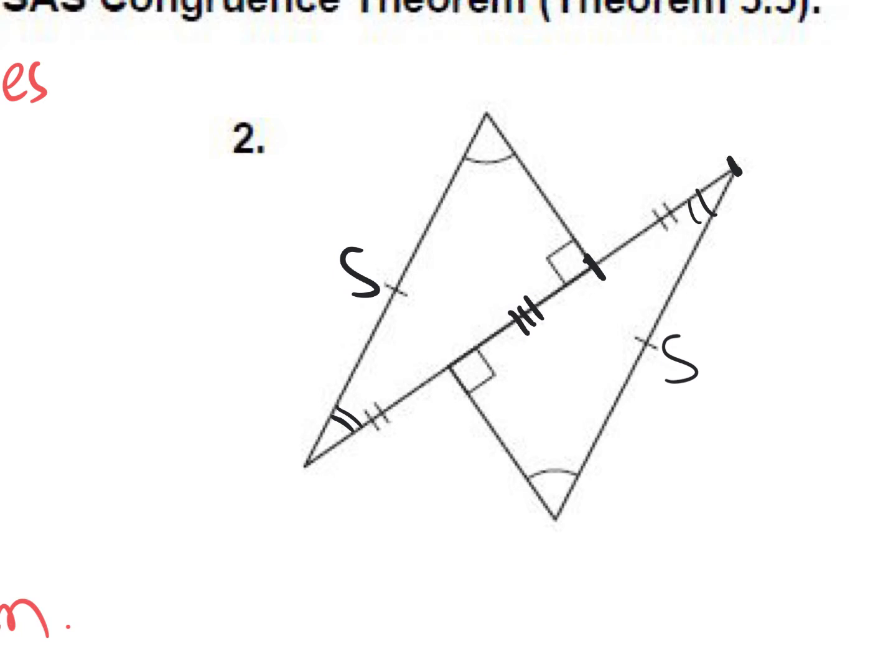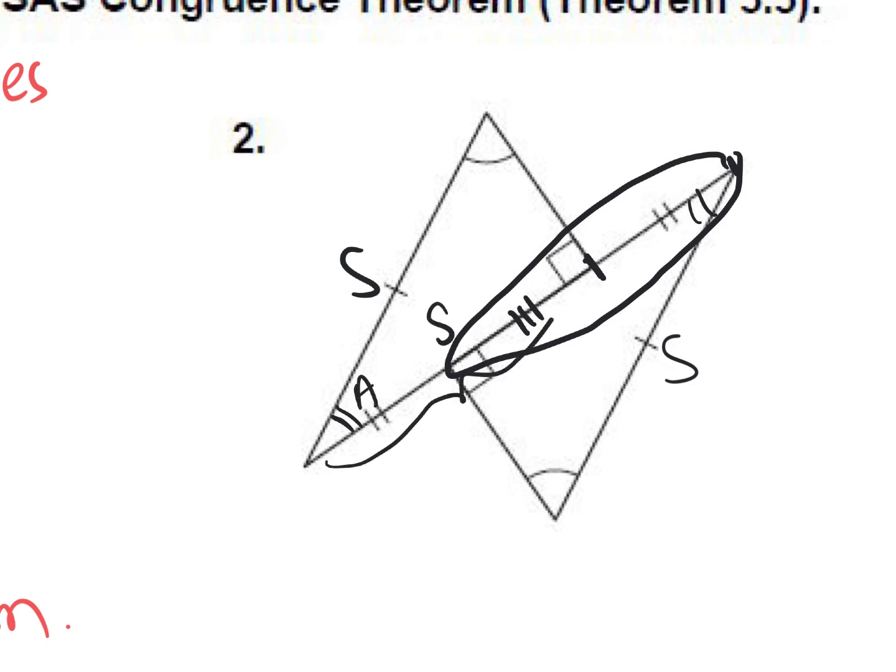So how would you describe the length from the 90-degree angle to the second congruence angle? It's 3 plus 2, right? And how would you describe this side of this triangle? It's 2 plus 3, right? Wouldn't those essentially have to be the same thing? So we have side, angle, side here. Side, angle, side.